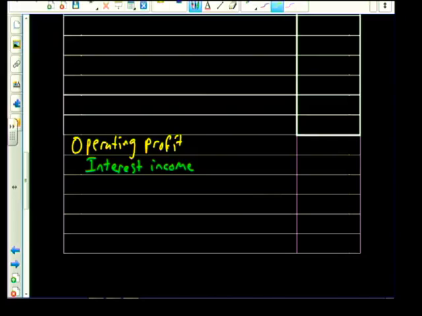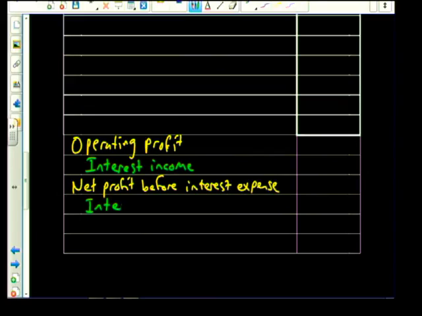Then we get another subtotal, which is called net profit or operating profit before interest expense. This is followed by interest expense, and only then do we finally get our net profit for the year, which appears here.